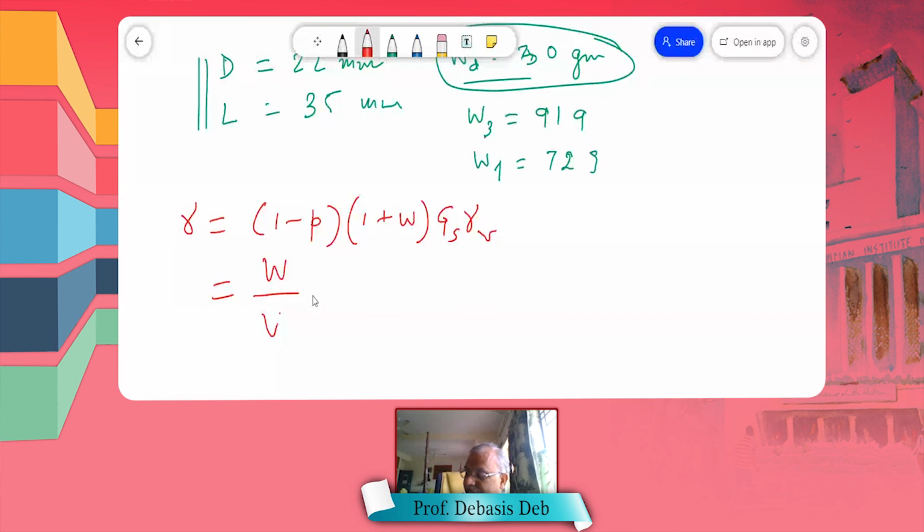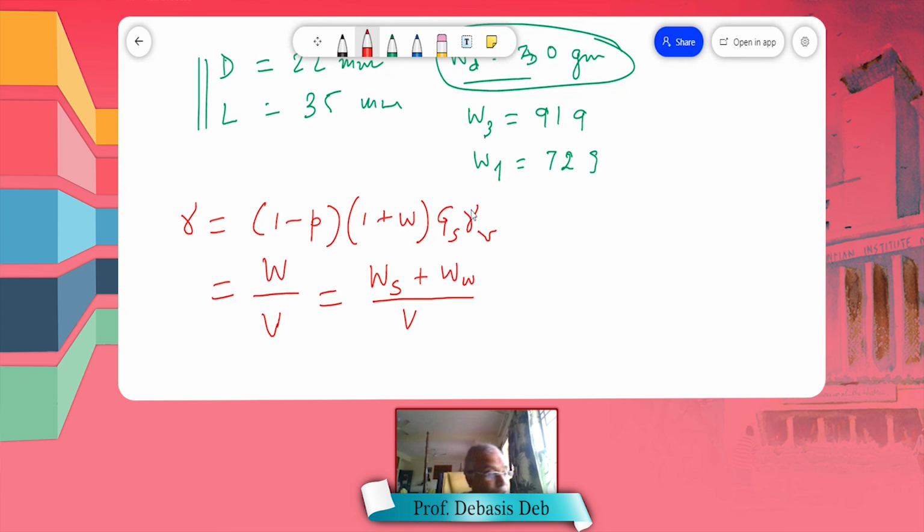So this is our moist unit weight. Now this one will be written as (WS plus WW) by V. So the total weight we are breaking up into solid weight and water weight.